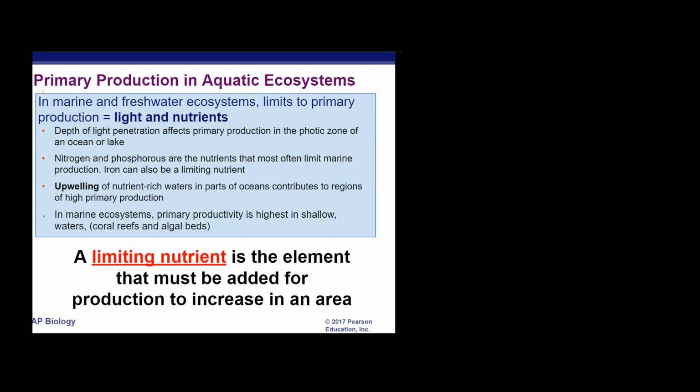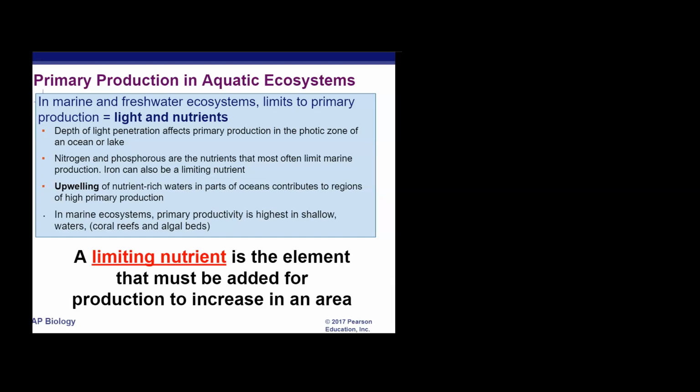And that will then make that particular region, wherever that current upwelling is, have very high primary production. So places where that can occur more easily, of course, is where water is shallow. So we see high primary productivity in shallow waters, such as where there are coral reefs or algal beds.